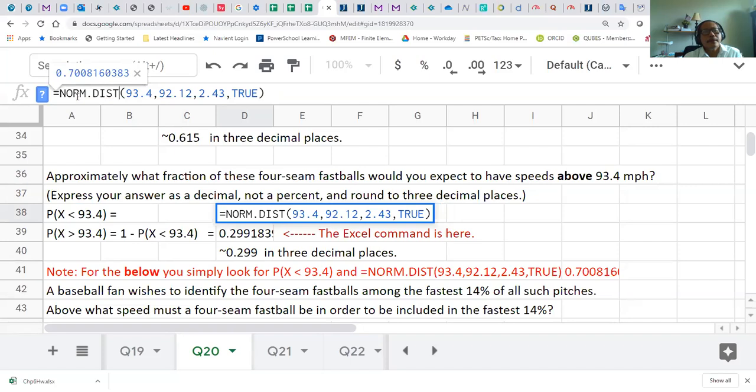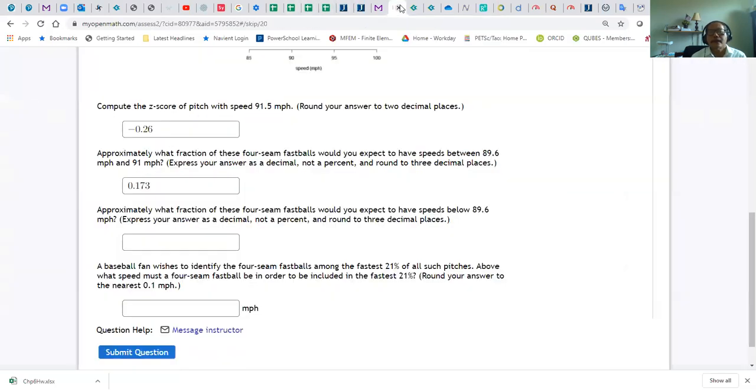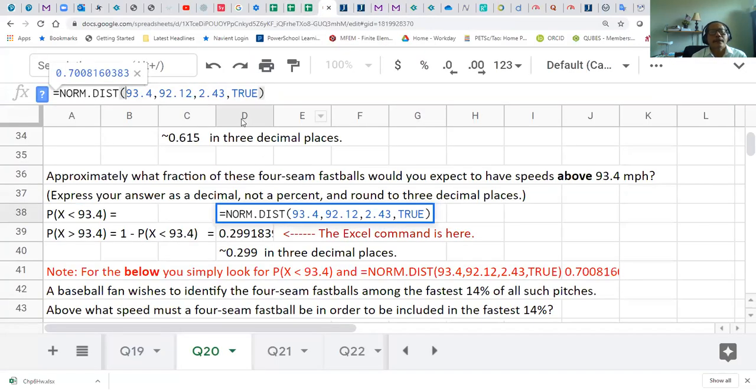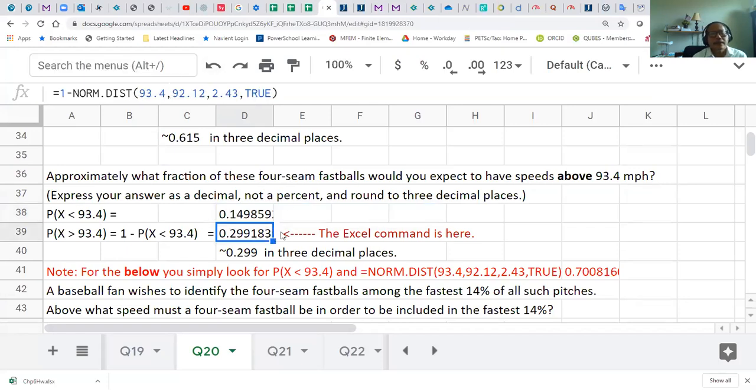And this one will be 89.6 again. Yeah, so this will be the answer for less than 89.6.